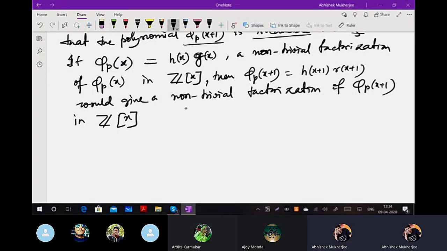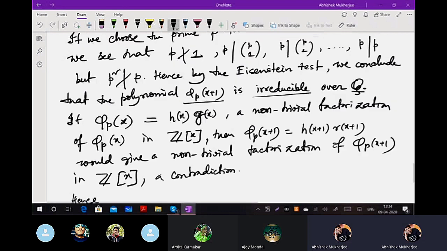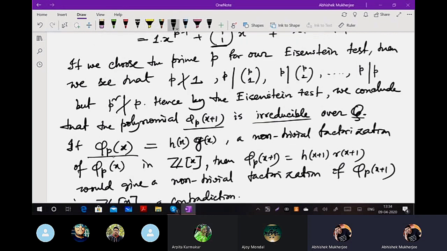So this is a contradiction. And hence our assumption about this polynomial phi p x was wrong.